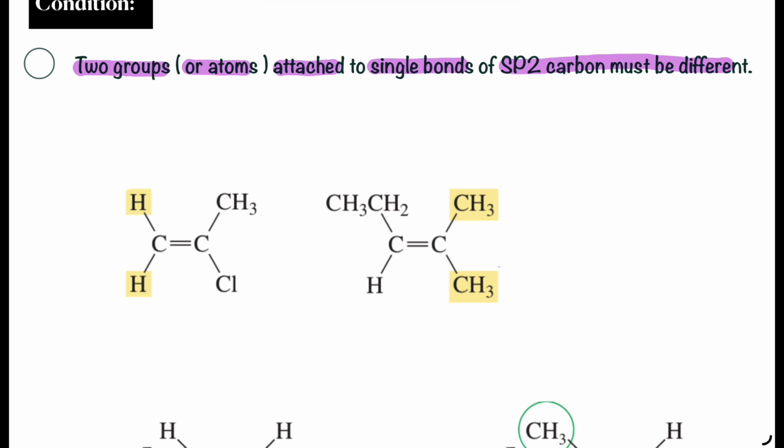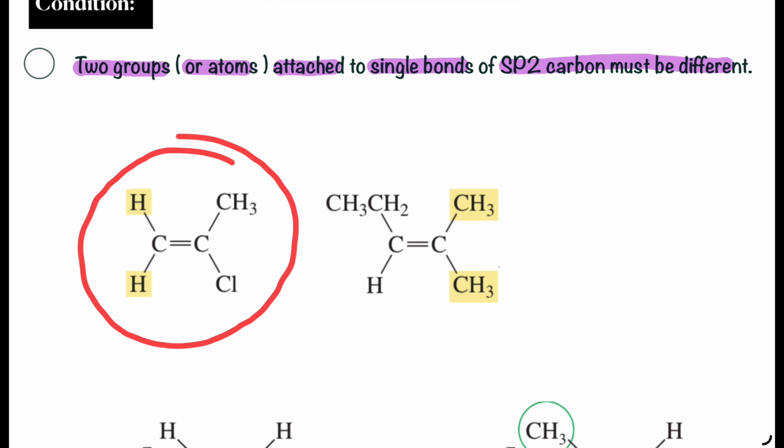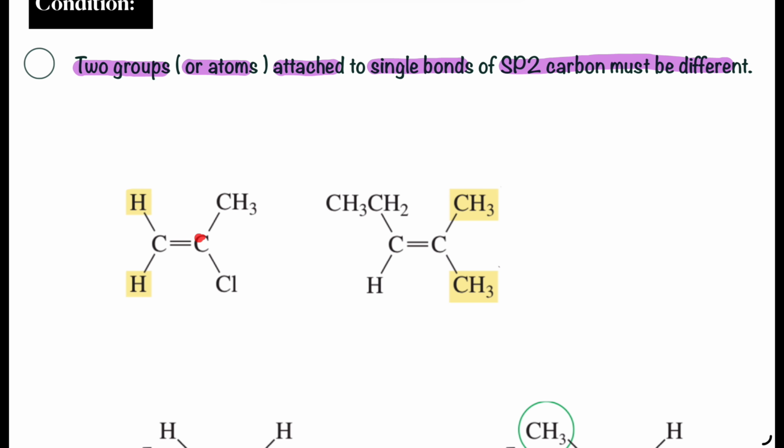For example, this is an alkene system. This is sp2 carbon. This is also sp2 carbon. These are the single bonds of sp2 carbon. The condition is the two groups or atoms attached to the single bonds of sp2 carbon must be different. Here we have hydrogen, here also we have hydrogen. The condition is not satisfied.